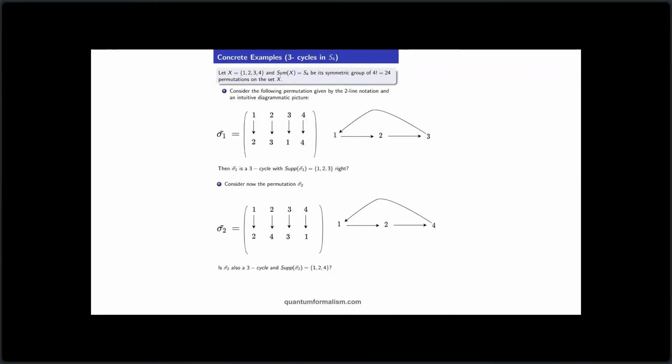Does anyone have any doubts that this is a 3 cycle? We are all on the same page. If there is anyone who doesn't agree, or does everyone agree? The chat as of now is quiet. Can someone, a brave person from the chat, say they agree this is a 3 cycle?